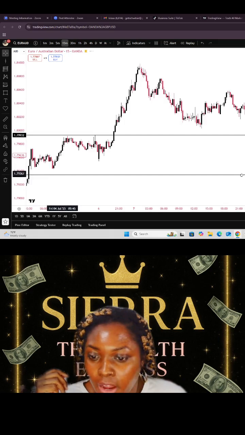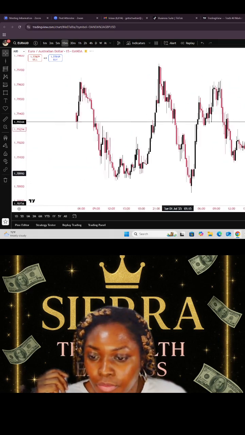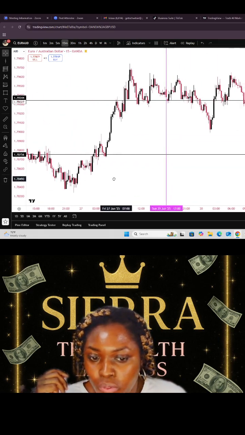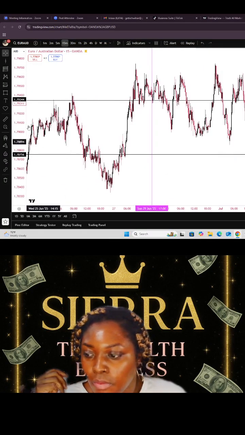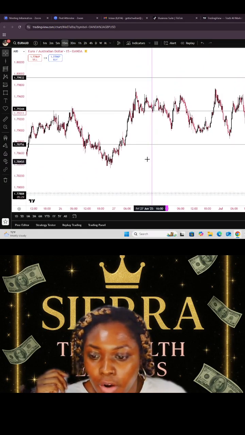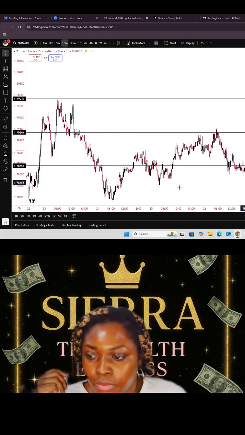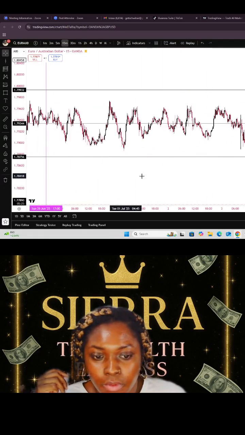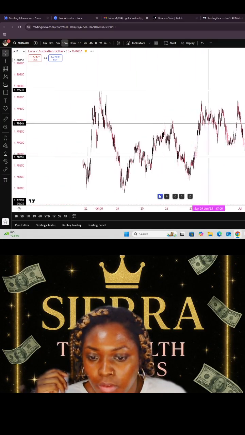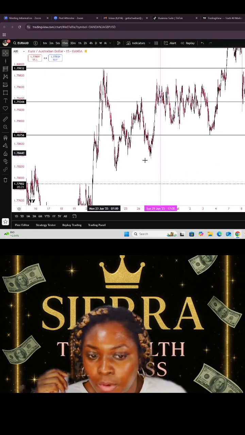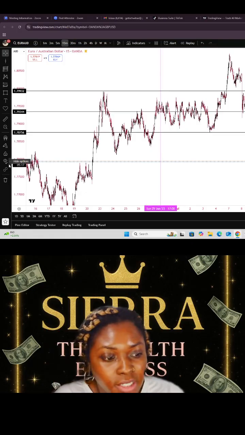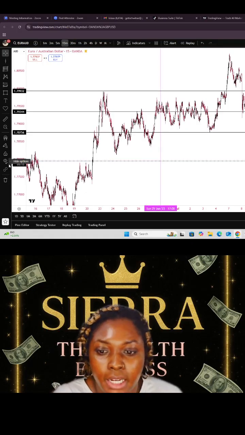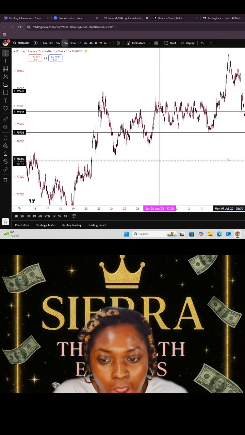Let's find that current candle. All right. Here's our current candle. I'm going to zoom in real quick. And as you can see on this day, we didn't have a trade, okay?